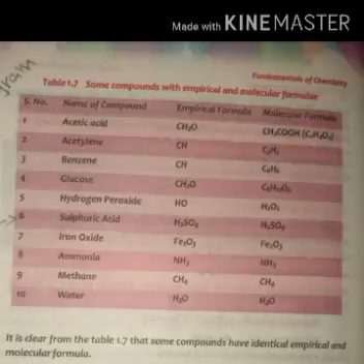Names of the compounds are acetic acid, acetylene, benzene, glucose, hydrogen peroxide, sulfuric acid, iron oxide, ammonia, methane and water. So you can see here the empirical formula and molecular formula of the following compounds in table 1.7, and it is clear from the table that some compounds have identical empirical and molecular formula.